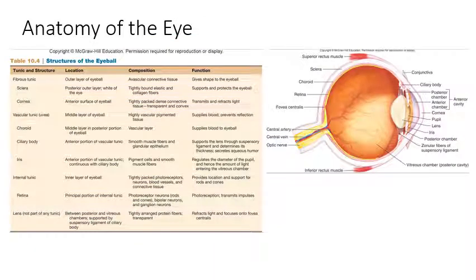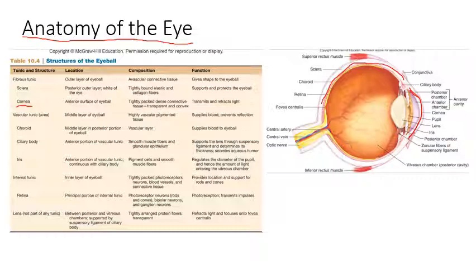Alright, we do have to do some anatomy here, because we're going to be talking about all these different structures of the eye and their functions. The ones we most need to focus on would be the cornea. Remember, that's the clear layer at the front of the eye. We have the sclera, the white outer area, but in the front it is this clear layer.